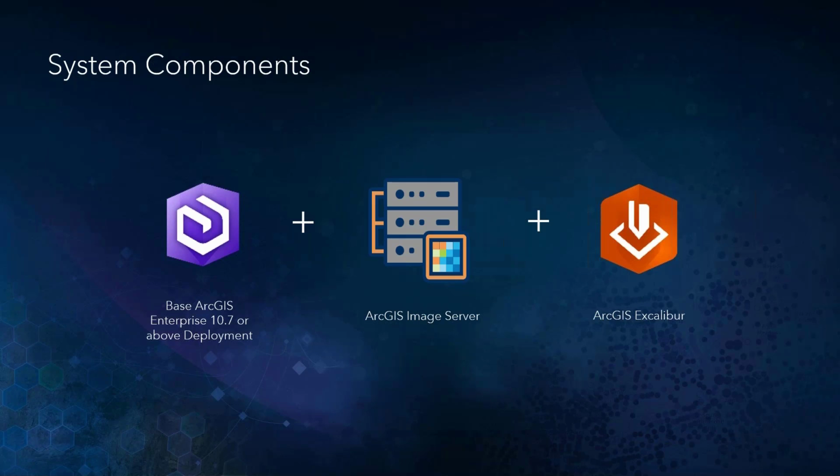So far we talked about why we created this application, what it actually is, which types of organizations would use Excalibur, as well as those different personas inside of the organizations. So what is actually required? From an environmental perspective, to take advantage of Excalibur, an organization requires a base deployment of ArcGIS 10.7 or above, configured with the ArcGIS image server.